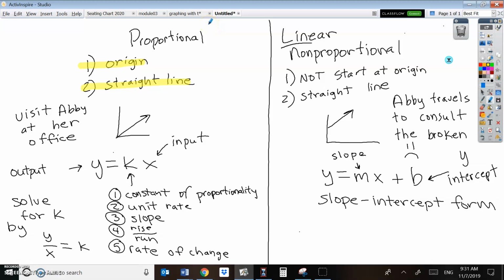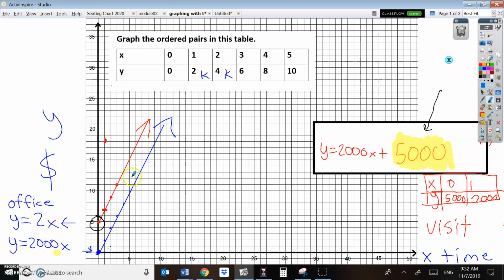To explain this, we made a story about Abby. And Abby was like a therapist for doctors. She was super well educated, and she helped doctors who were burned out, who were frustrated and stressed out. This K right here represents 1,000.